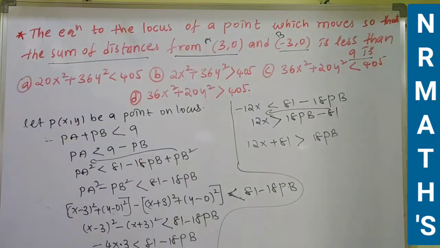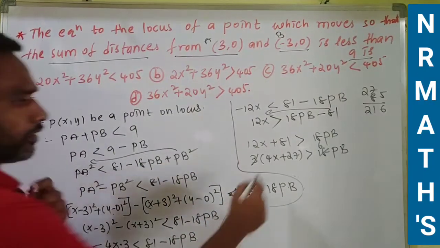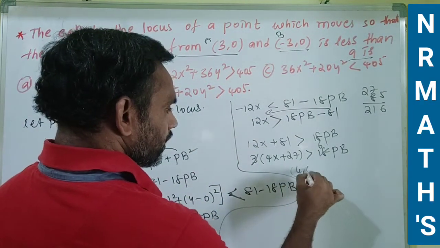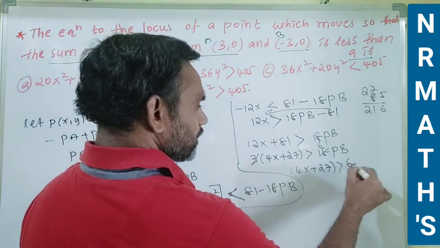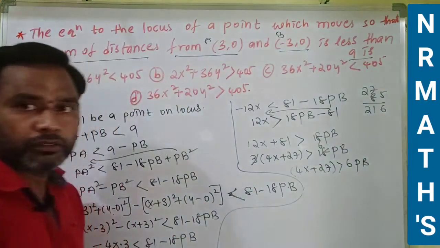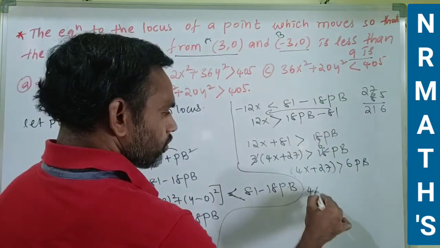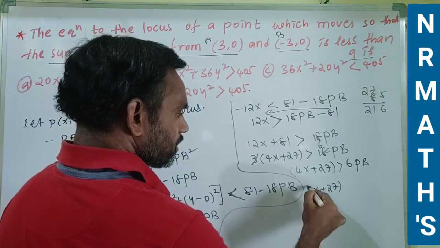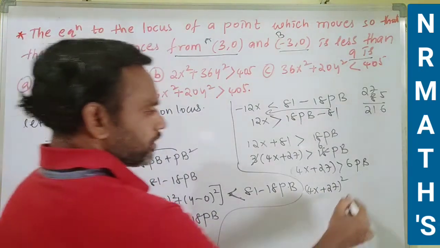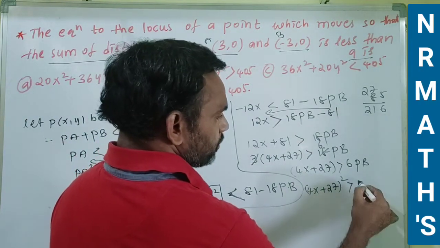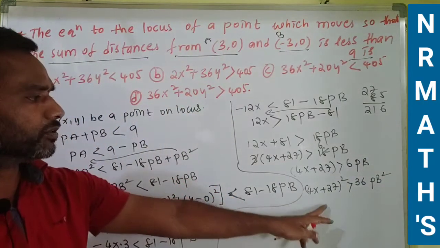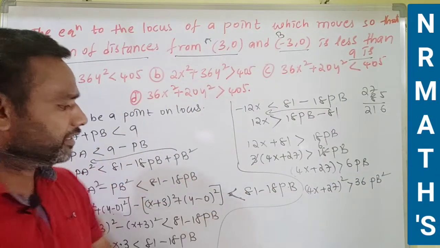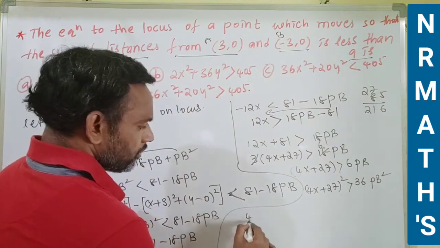What is the common factor here? Dividing, 4x plus 27 is greater than 6 into PB. Taking squares on both sides, (4x plus 27) whole square is greater than 6 whole square, that means 36 into PB square.